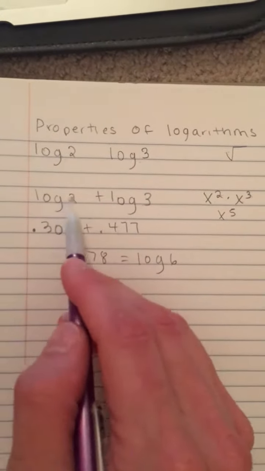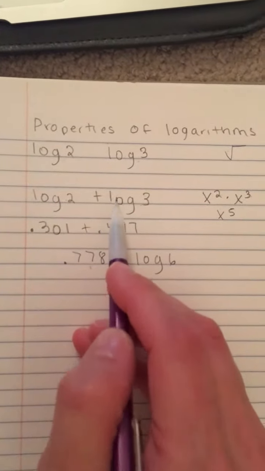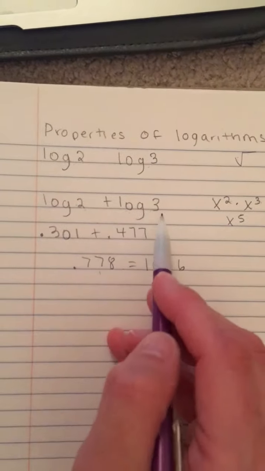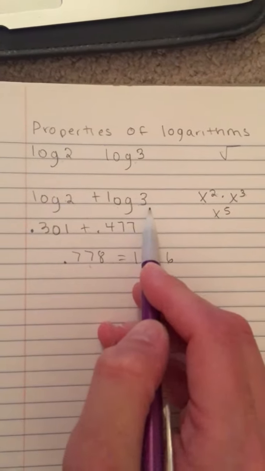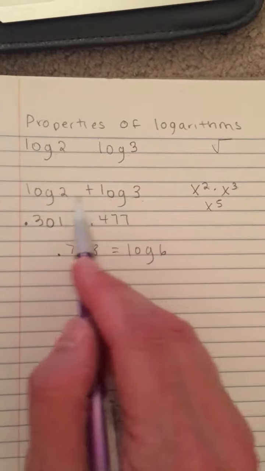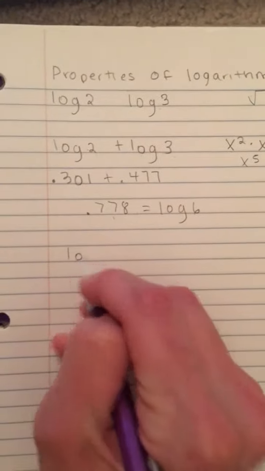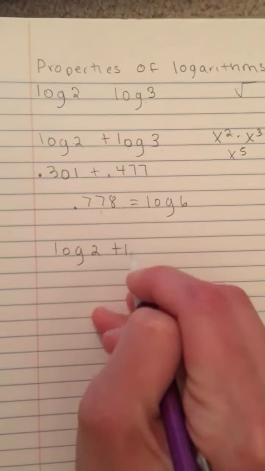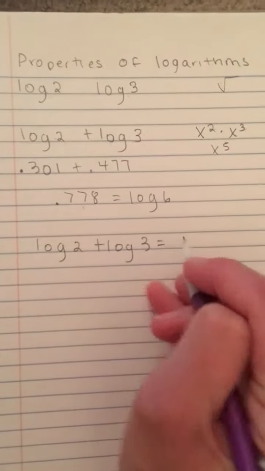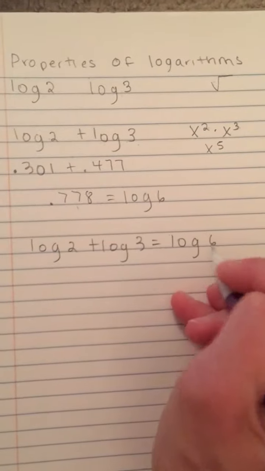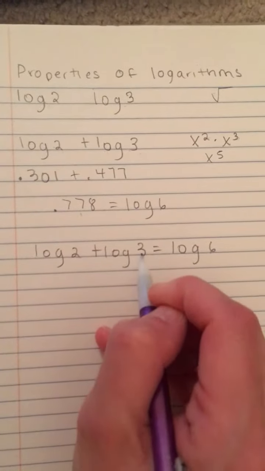So if I add two logs together, it is equivalent to when you multiply these two bases. So if I wanted to find an equivalent expression to this, I could say log of 2 plus log of 3 is equal to log of 6, because 2 times 3 equals 6.